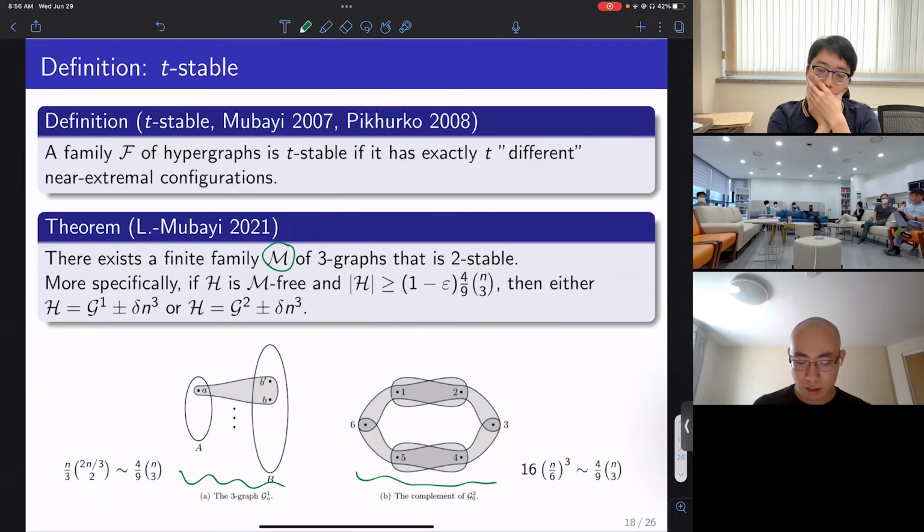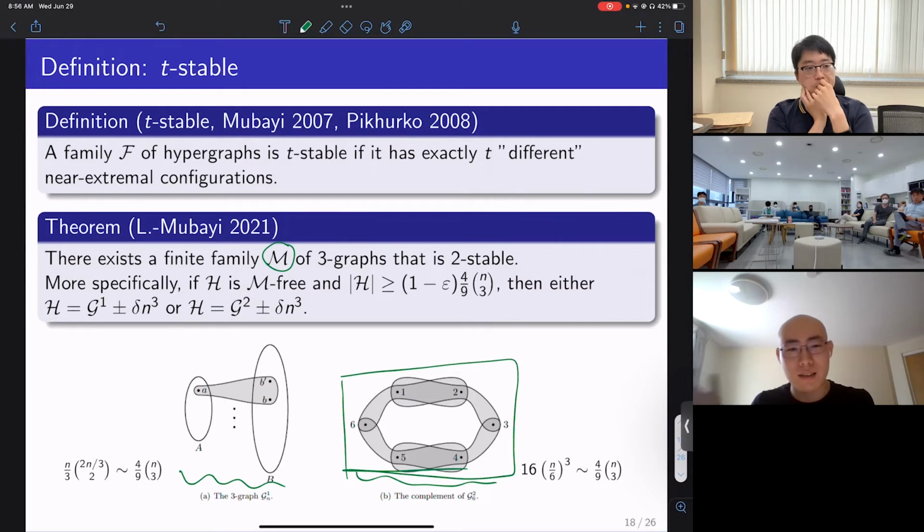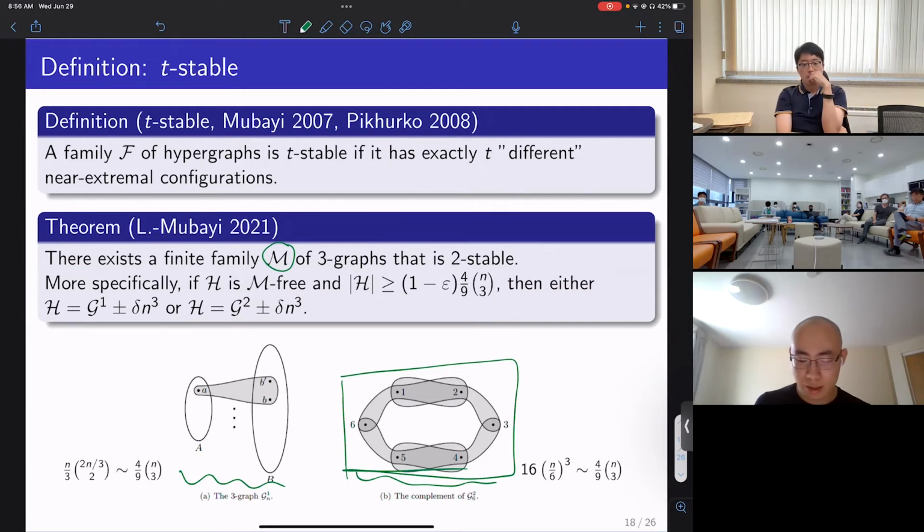If you look at this second construction, the picture is for the complement of the graph, meaning you remove these 4 edges from a complete graph on 6 vertices. If you observe, the graph that you throw away is actually a 2-regular 3-graph, meaning every vertex is contained in two edges.